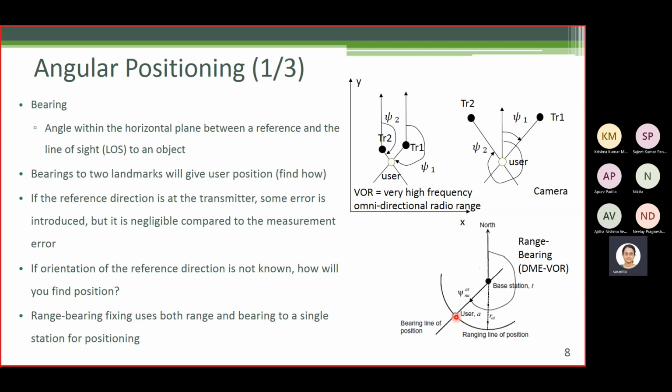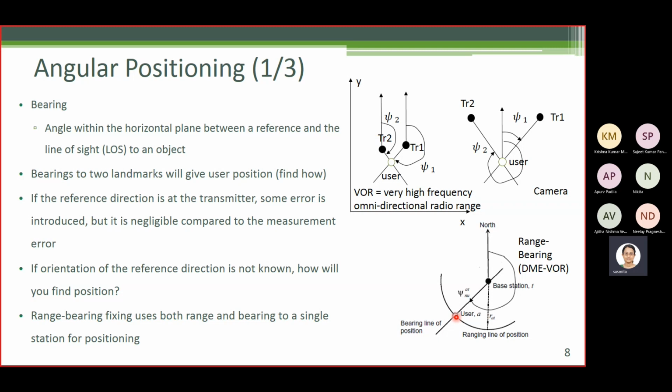If a base station has both DME and VOR co-located, then using measurements from only a single station, the aircraft can determine its position. But since VORs are being phased out, we do not use this now.